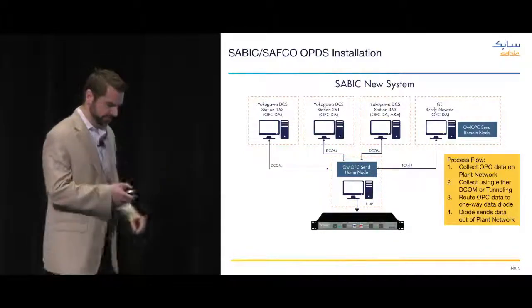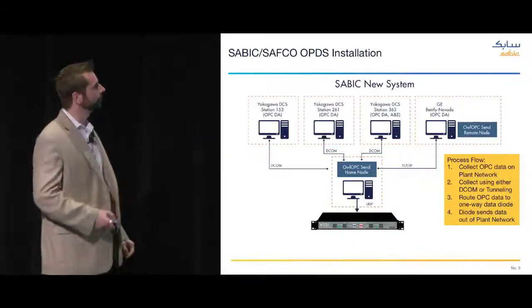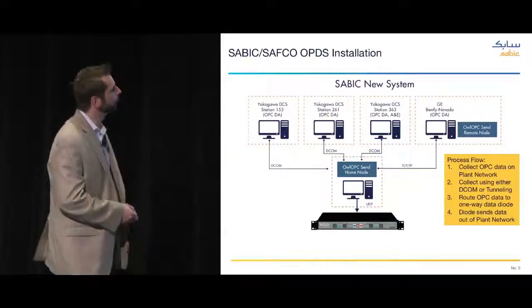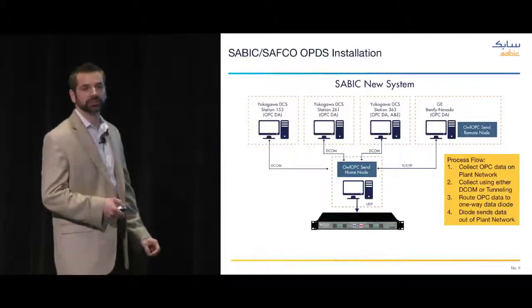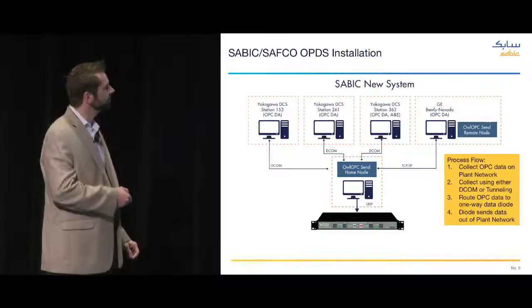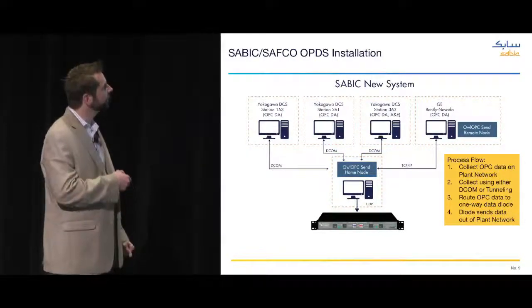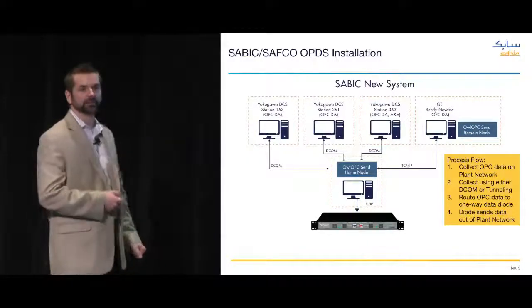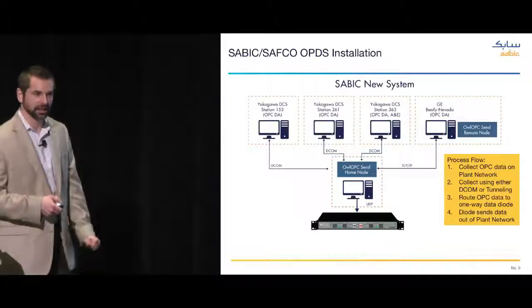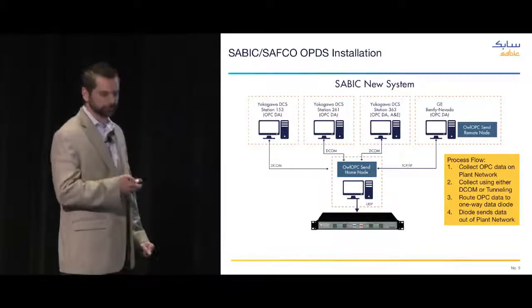Right here, this is an OWL OPC server, and basically this is a server that sits in front of our hardware data diode. So this is collecting data both via DCOM and some tunneling applications that we have that will tunnel the DCOM through our proprietary TCP tunneler.